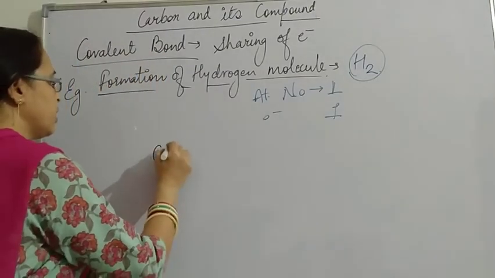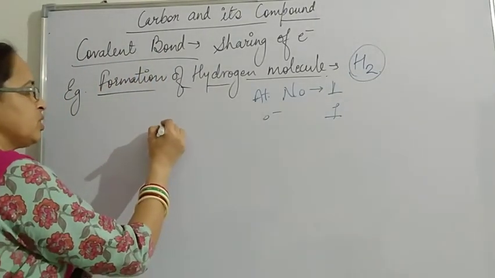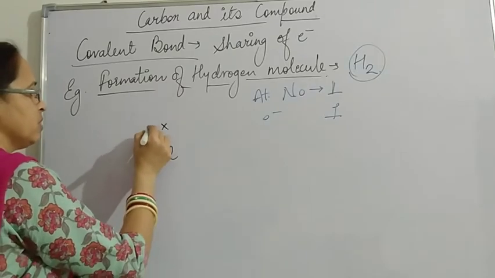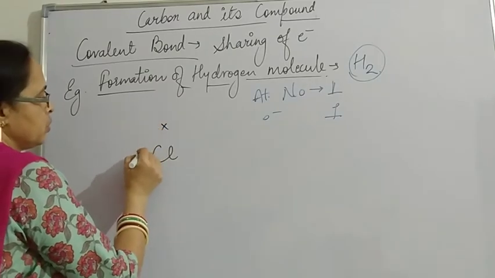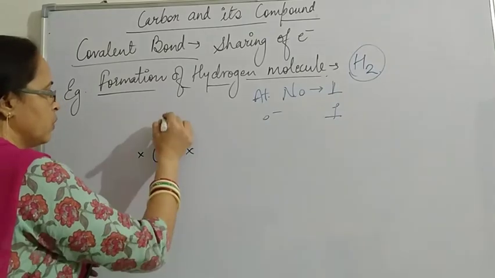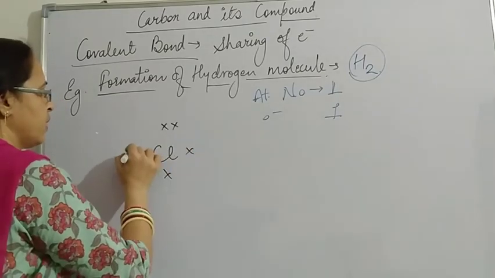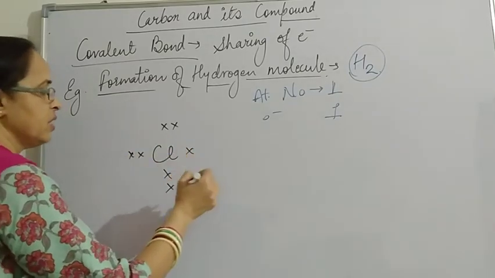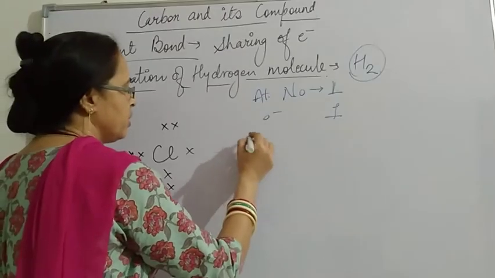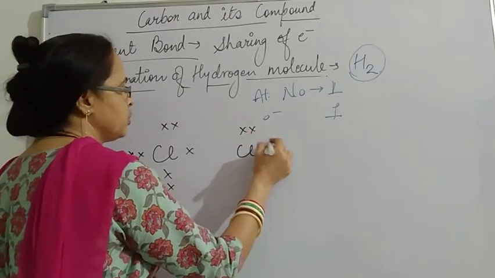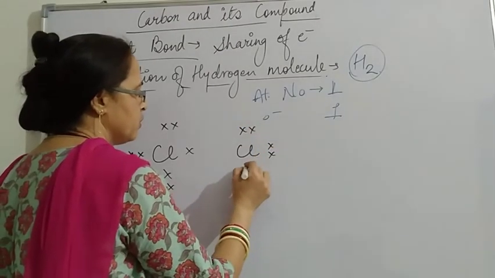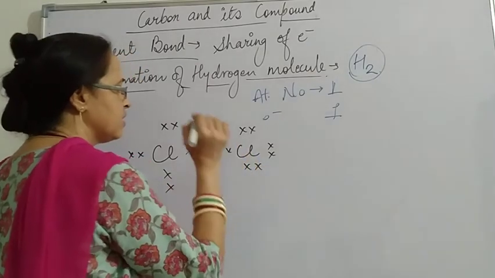This is chlorine, Cl, and it has 7 electrons: 1, 2, 3, 4, 5, 6 and 7. This is the other chlorine: 1, 2, 3, 4, 5, 6 and 7.